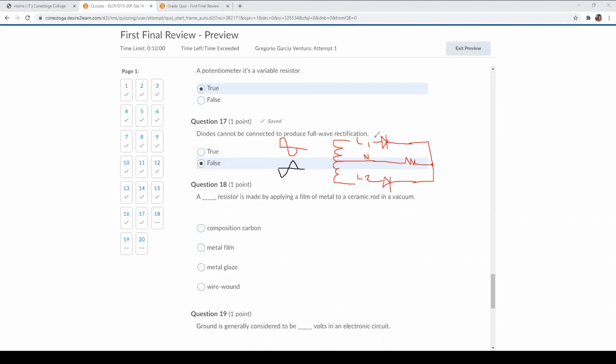So line 1 is going to put its share of a half wave like this. But when line 1 is 0, at that time line 2 is going to kick in, because it becomes positive when line 1 is negative, and it contributes its share. So on the load itself, everything is going to be seen as full wave rectification like this.